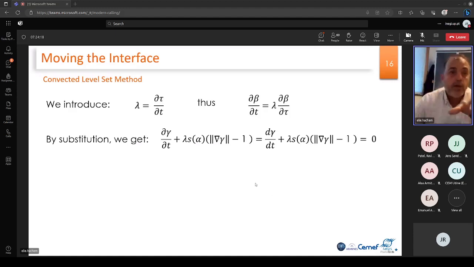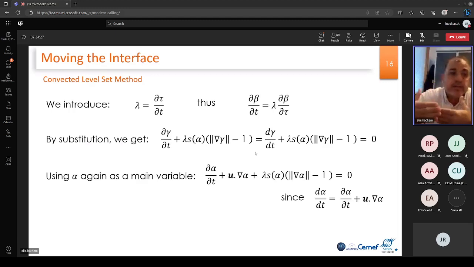So now we get this equation that is going to transport the levels into a distance equal to 1, and you have the function that is convected by itself. If you combine both, you move the interface while you are maintaining, or pushing, the distance equal to 1. This is a way of doing it.